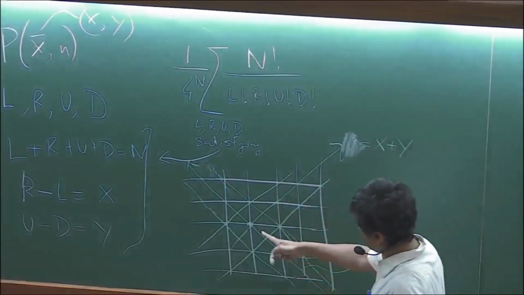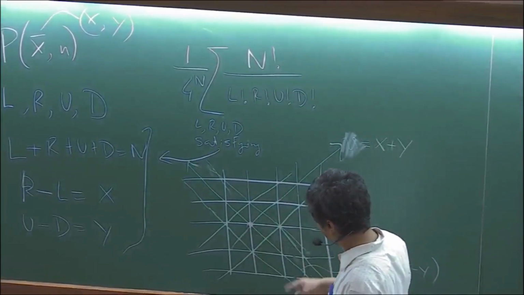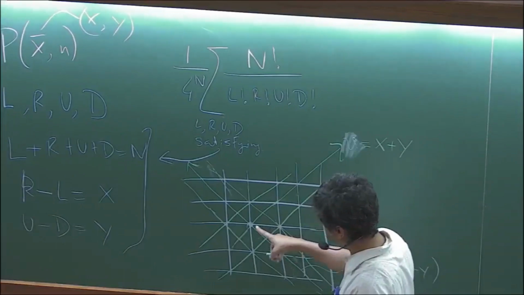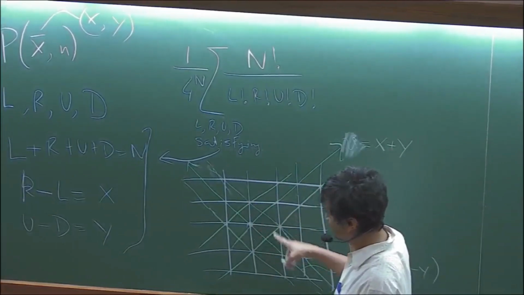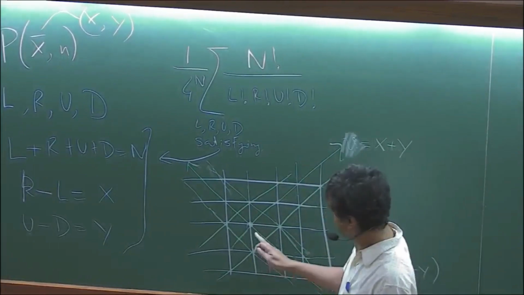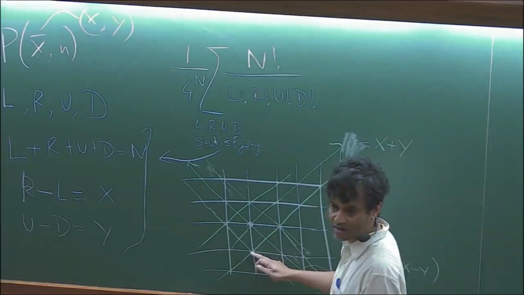Now every time the walker moves from, let's say, here to here, what does it do on the green lattice? On the white lattice, it's doing a random walk like that.